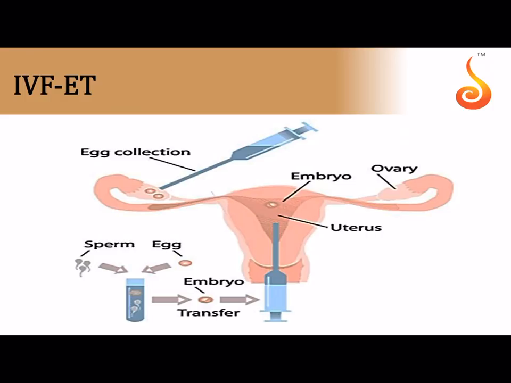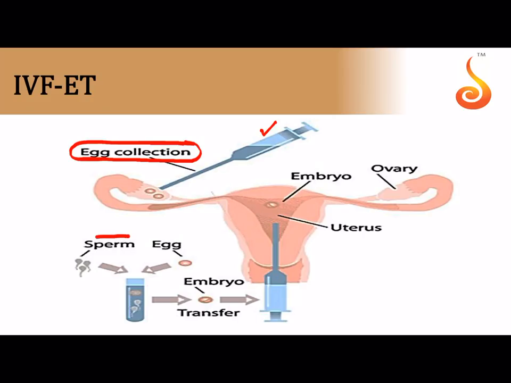So here you can see a very good illustration of what is done during in vitro fertilization. First, you have to stimulate the woman who wishes to become the mother to produce eggs. After that, in a very rough representation, using a laparoscope the collection of the egg is done.